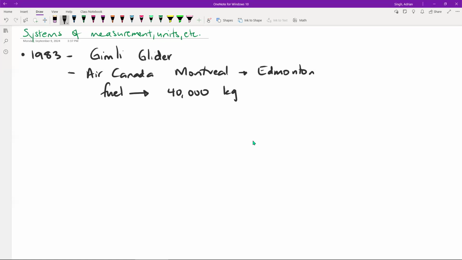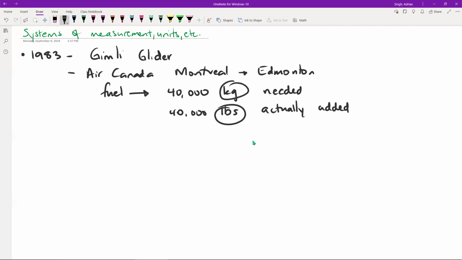Instead, what they actually filled the plane with was 40,000 pounds of fuel. So that's the amount that was actually added to the plane. Now, as you can imagine, kilograms versus pounds are very different things. So this is actually maybe about half of what was needed.